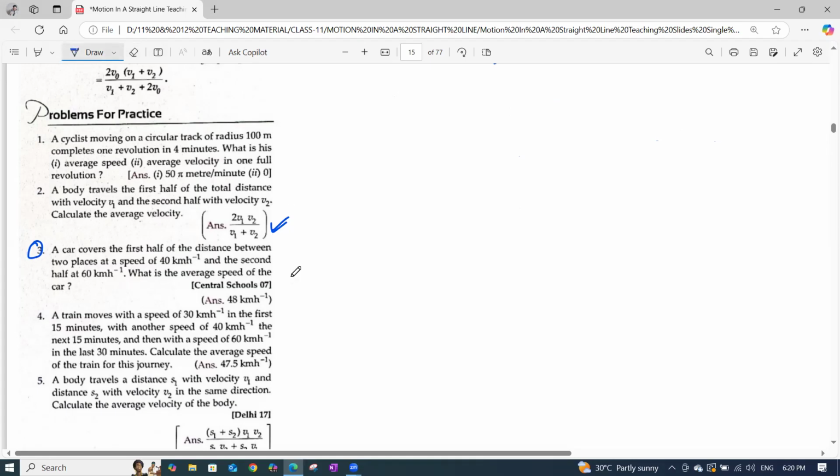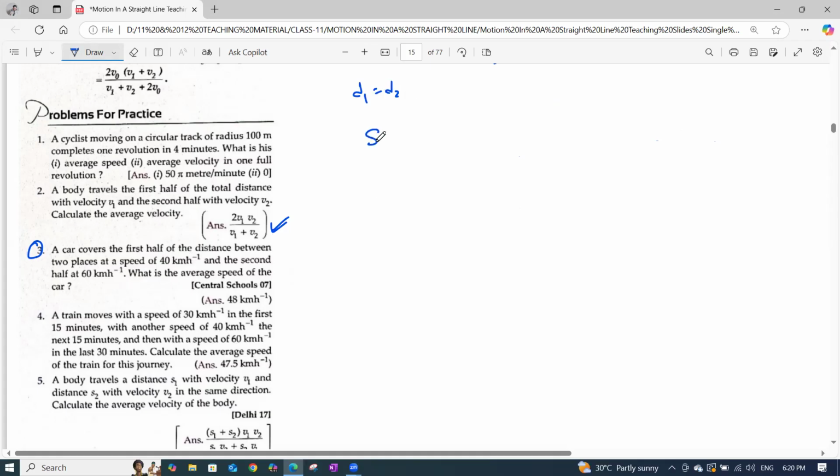Now, if you see, a car covers the first half of the distance between two places at a speed of 40 km per hour and the second half at 60 km per hour. What is the average speed? Straight away our mind has to go like this: the two distances d1 is equal to d2, so the speeds are different.